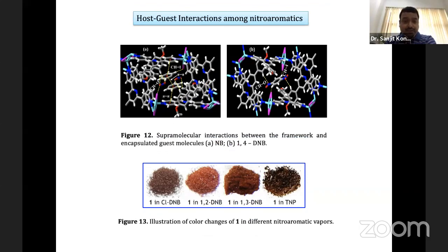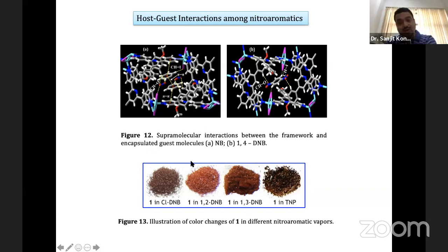We have also done many other studies. I'm not going to show you all the results here. Our molecule absorbed chloro-dinitrobenzene, 1,2-dinitrobenzene, 1,3-dinitrobenzene, and finally the most explosive one, trinitrophenol, picric acid.